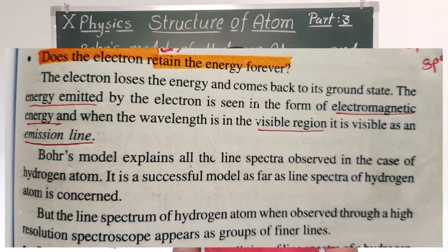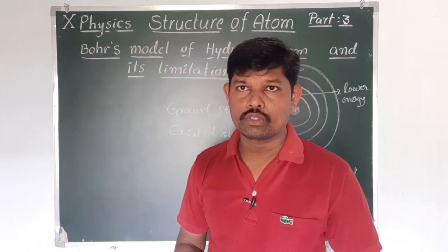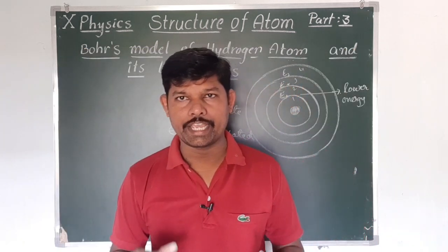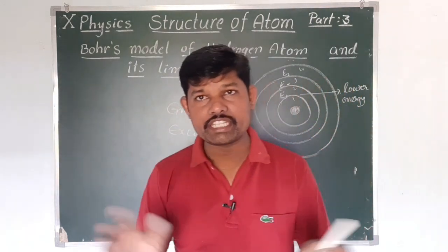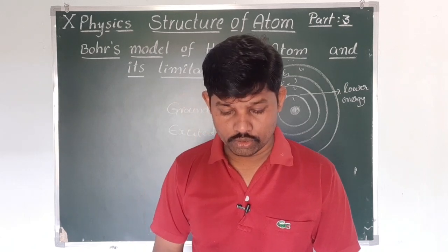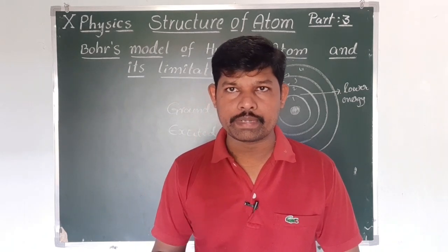So what are the limitations of Bohr's model? The line spectrum of the hydrogen atom, when observed through a high resolution spectroscope, appears as a group of fine lines. So when you observe with a high resolution spectroscope, fine spectral lines are observed.